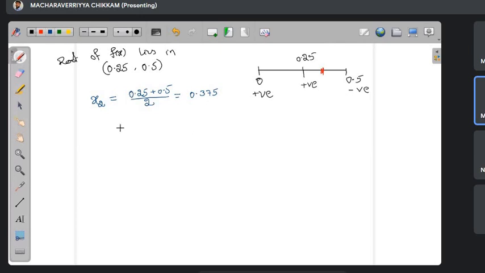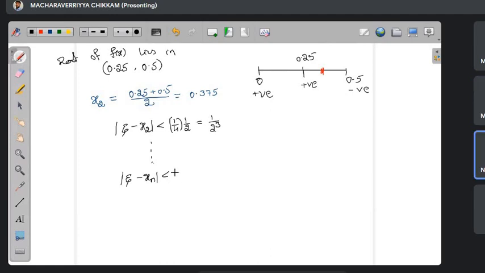Now what is the accuracy? It means what is the distance between the exact root and x2. We can say that it is less than... Now what happened? Again you bisected the interval, no? The interval length is reduced by half. So earlier the length was 1/4, again you bisected it, so it is 1/8. Similarly, if I proceed further, can you tell me what is the accuracy at the end step?